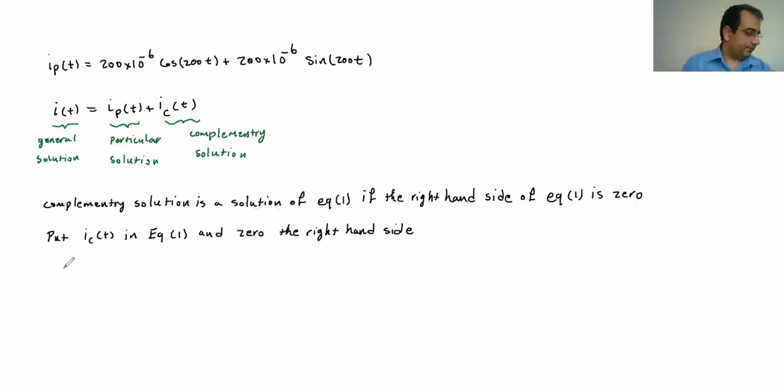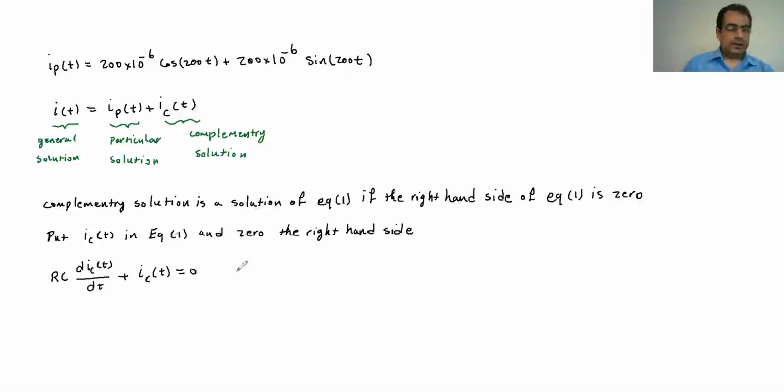So if I put the i_c in equation 1 and 0 on the right hand side, what I'm going to get is RC d i_c(t) over dt plus i_c(t) is equal to 0. So I make the right hand side 0 and I substitute i(t) with the i_c(t), the complementary solution.